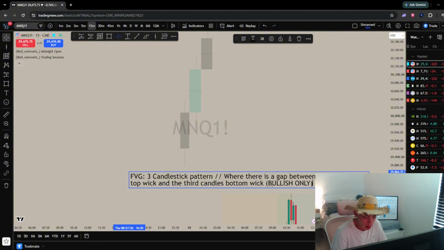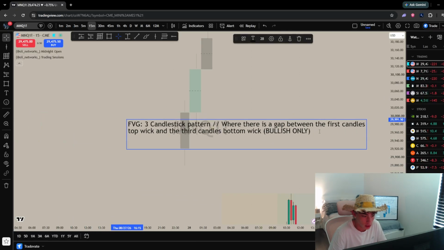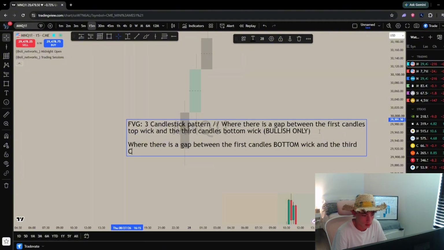All right, now for bearish, a bearish fair value gap is essentially the same thing, where there is a gap between the first candle's bottom wick and the third candle's top wick. There's a gap between those, okay?